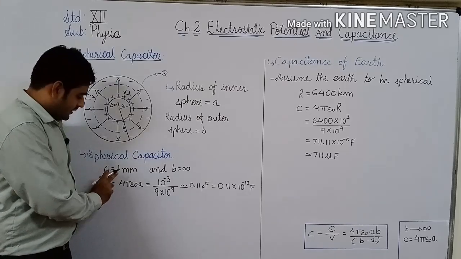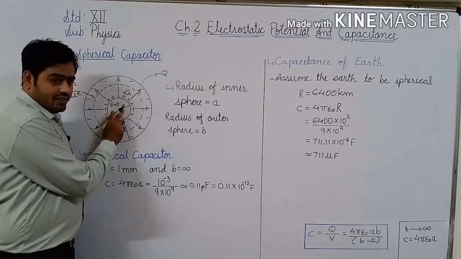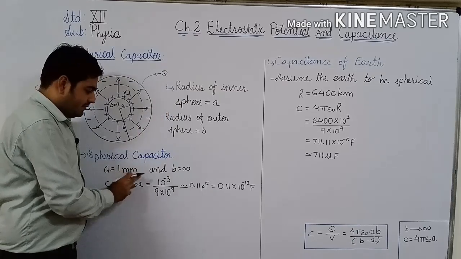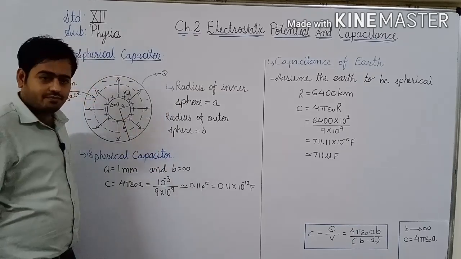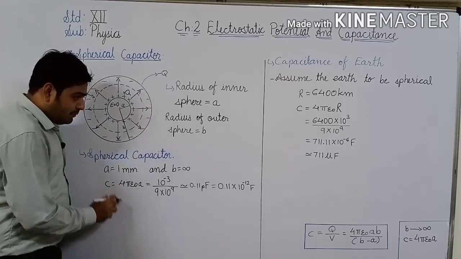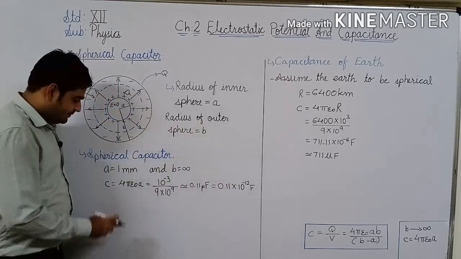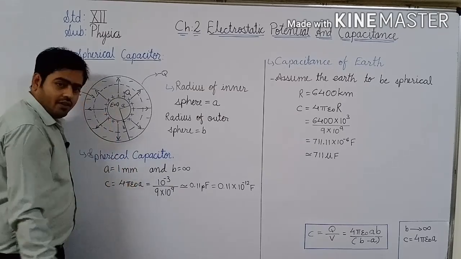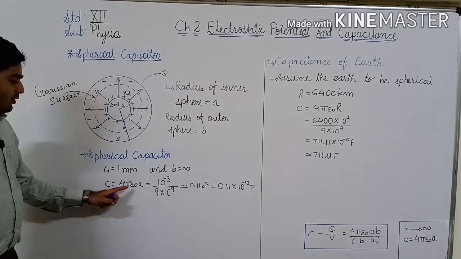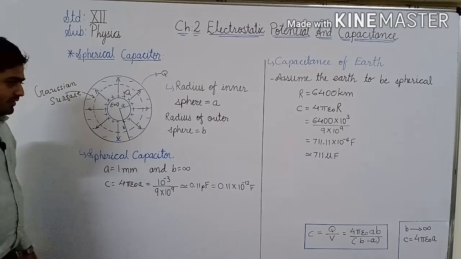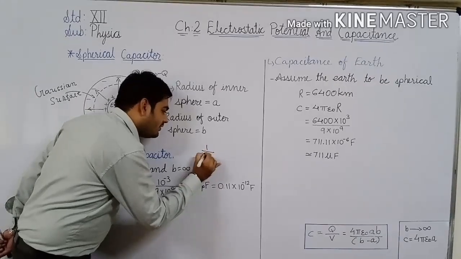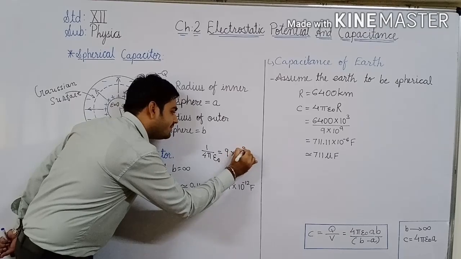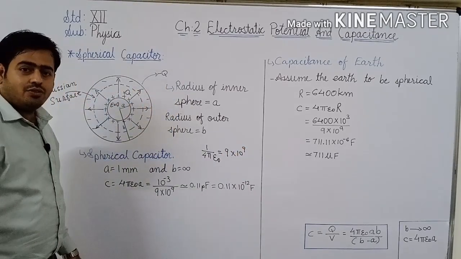If we take A is equal to 1 millimeter, this radius of inner sphere is equal to 1 millimeter and B is equal to infinity, then the formula of capacitance is nothing but 4 pi epsilon naught A, 4 pi epsilon naught into radius of sphere, that is A. But we know the value of 1 upon 4 pi epsilon naught, that is nothing but 9 into 10 raised to 9.